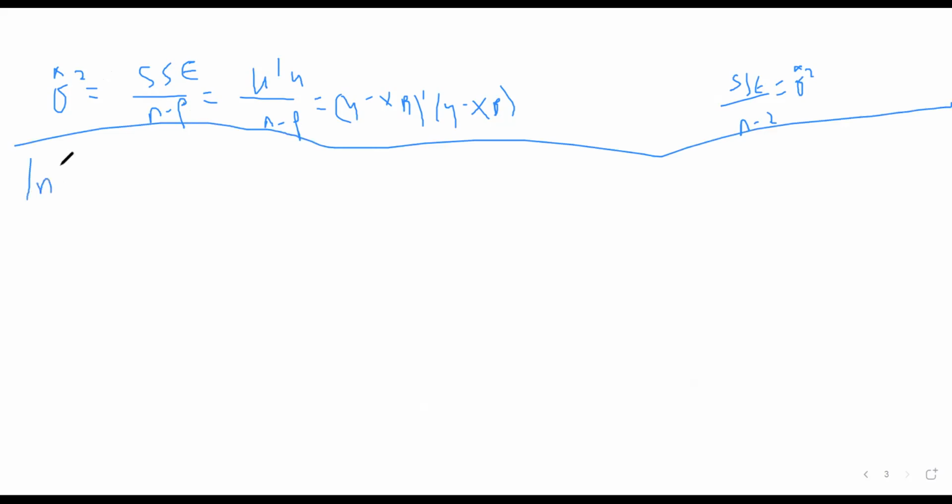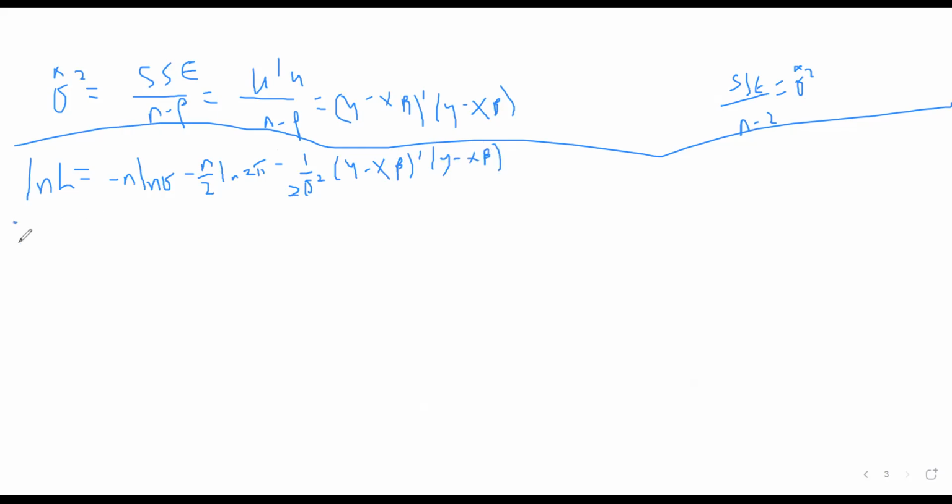Recall that our log likelihood from the previous page is negative n ln of sigma minus n over 2 ln of 2 pi minus 1 over 2 sigma squared (y minus x beta) transpose (y minus x beta).